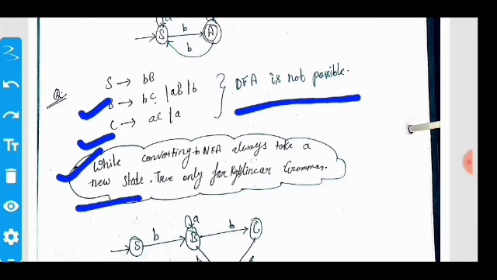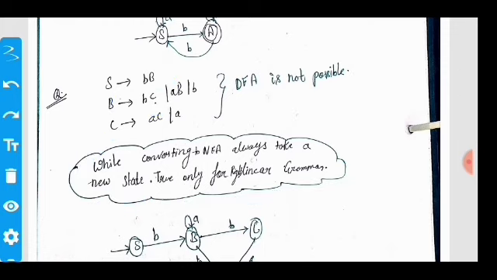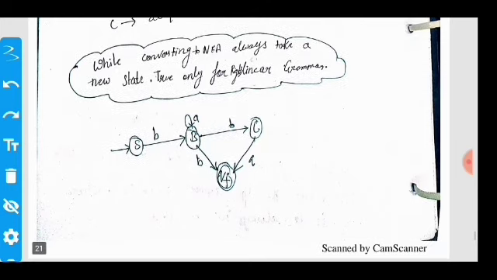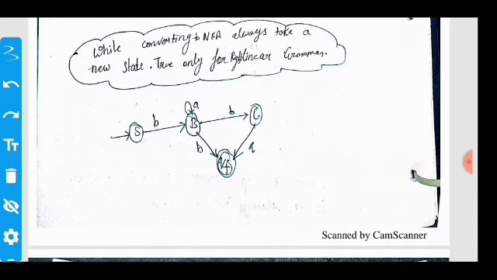Only a right-hand linear grammar is not possible here, because B is on the right-hand side of terminals, C is also on the right side of terminals in the given production. After drawing this grammar, we got this transition diagram.